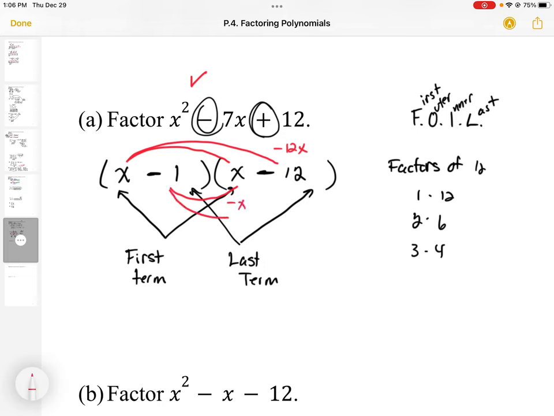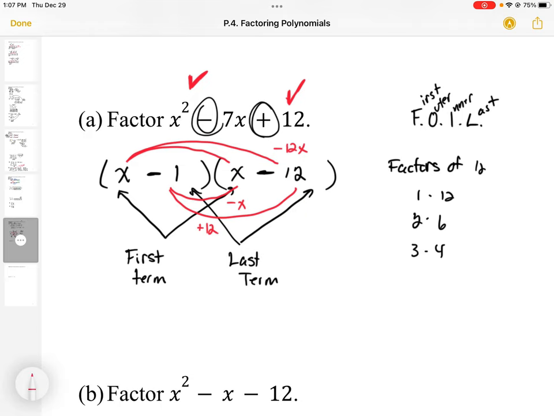And then negative 1 times negative 12 is positive 12. Well, we don't really need to go through that whole process because we know that we're going to get x squared. We took factors of x squared, so there's no reason for us to not get x squared. We know we're going to get a positive 12. We're looking at factors of positive 12, so we know we're going to get the last term.